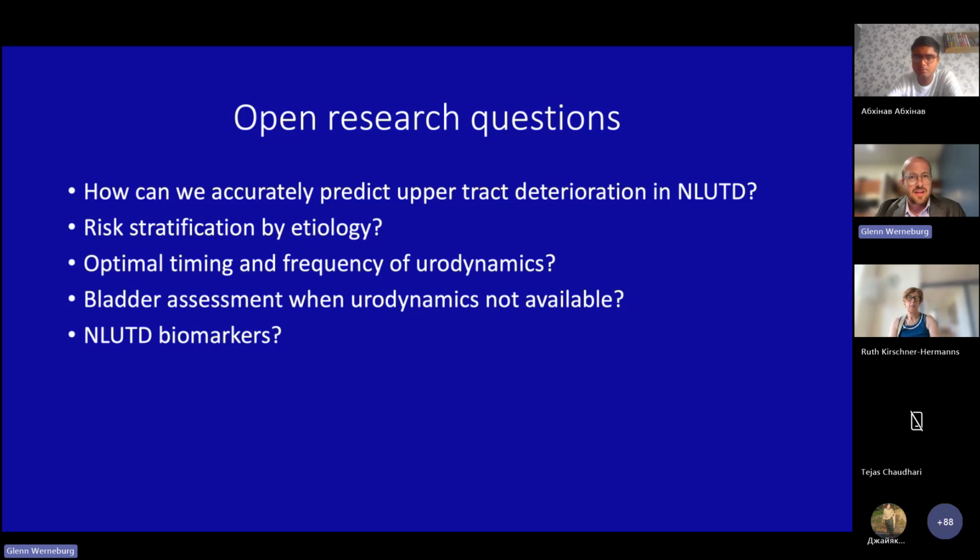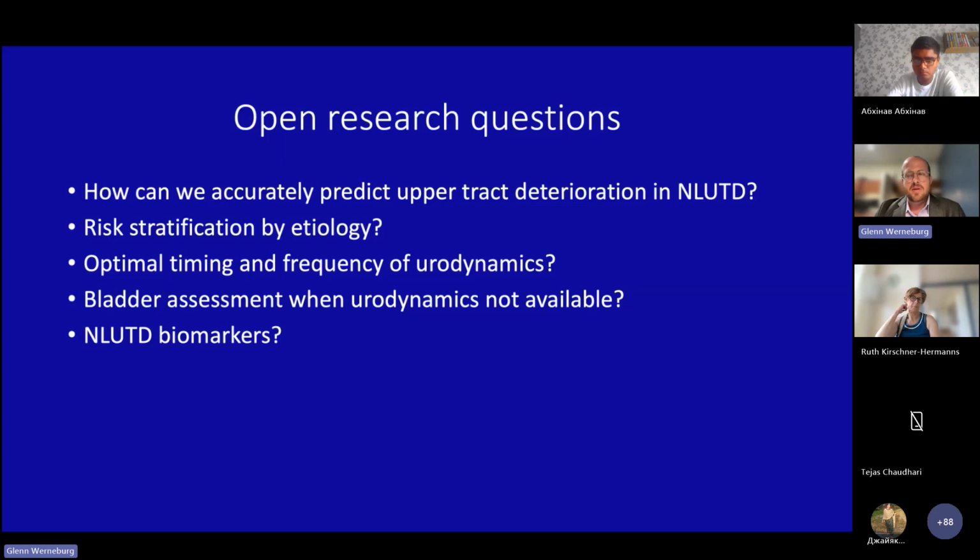He's showing that early urodynamic studies are actually very telling in terms of the progression of neurogenic lower urinary tract dysfunction, and how can we incorporate that soon after spinal cord injury, and how can it help us better manage our patients?